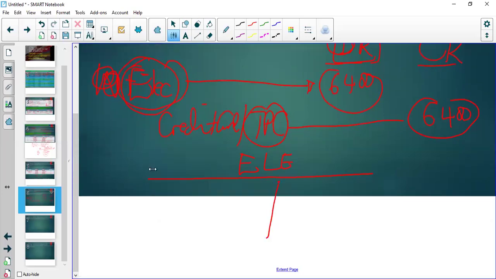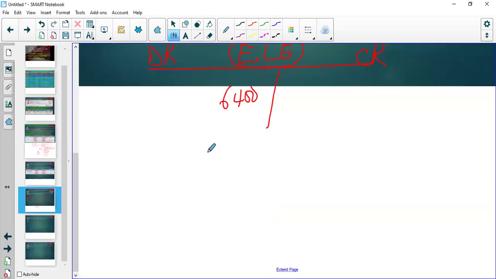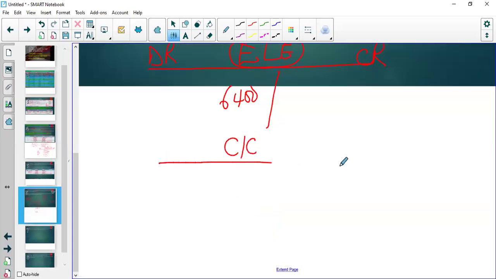Right? Because we're supposed to debit the electricity account. So we're supposed to put in the 6,400 on the debit side of the electricity account. And then we come again under the credit card account. This is the debit side, this is the credit side.